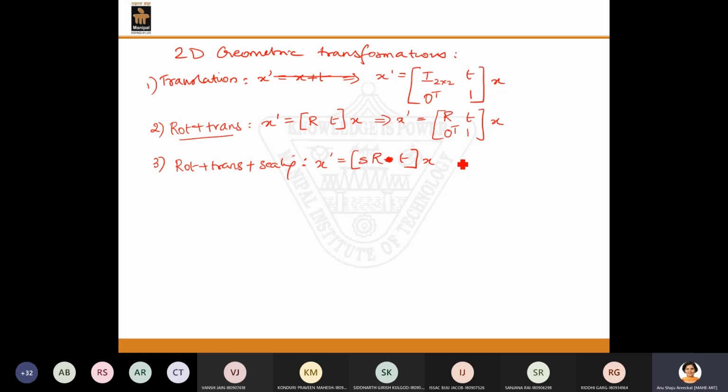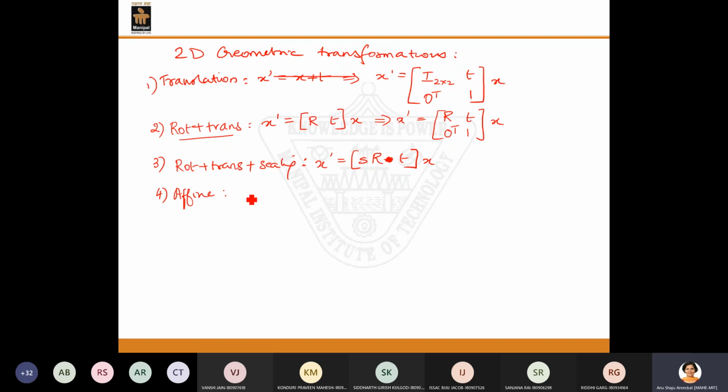Next, we have the affine transformation. It includes rotation, translation, scaling, linear stretching, shearing, etc. All these operations together make up the affine transformation. The property which is preserved, invariant in the affine space, is parallelism.